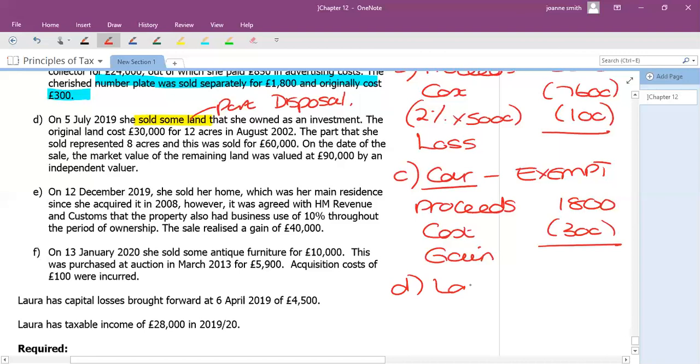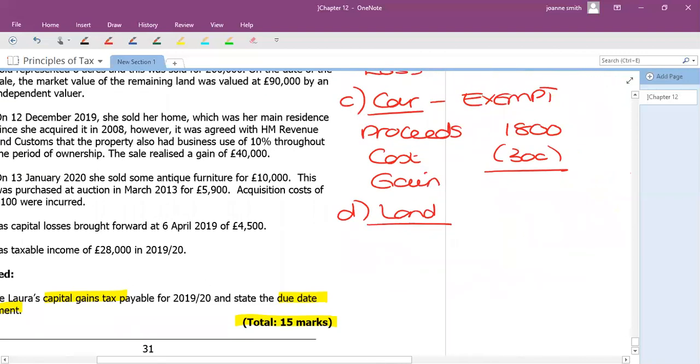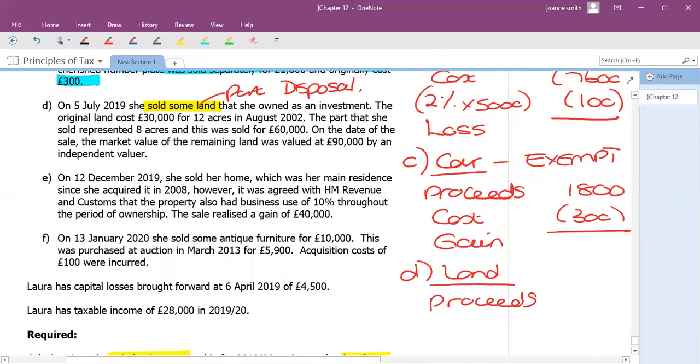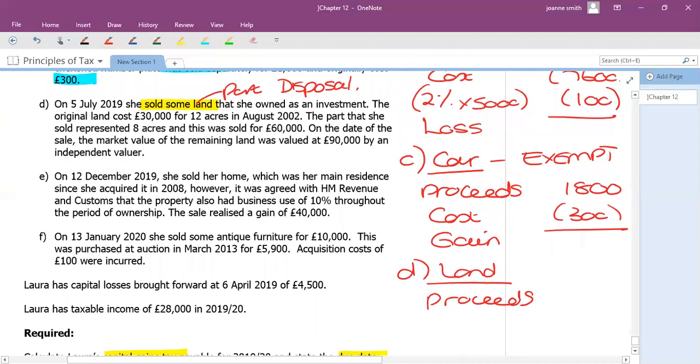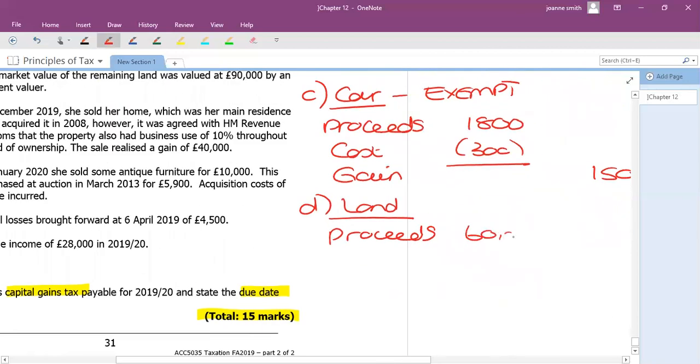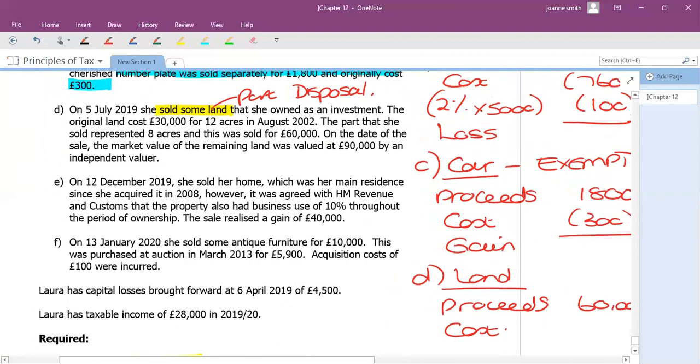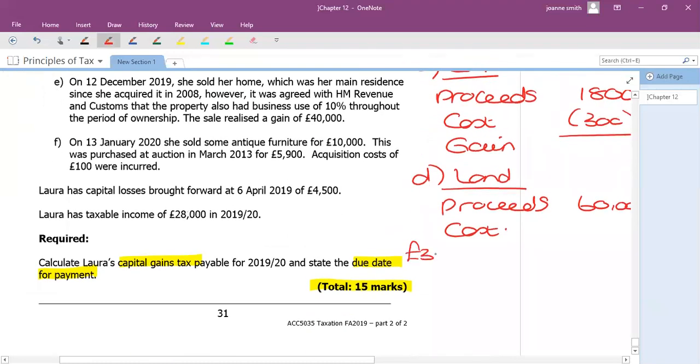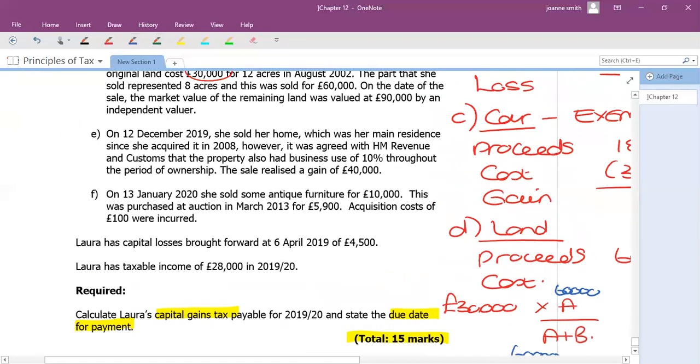So we've got land, and we've got proceeds. The part she sells was sold for 60. And we need to work out the cost. The original cost of the whole of the land was 30,000, so I want a proportion of that times A over A plus B. Remember what that means: A is the proceeds of the bit you're selling, which is the 60, and B is the value of what's remaining.